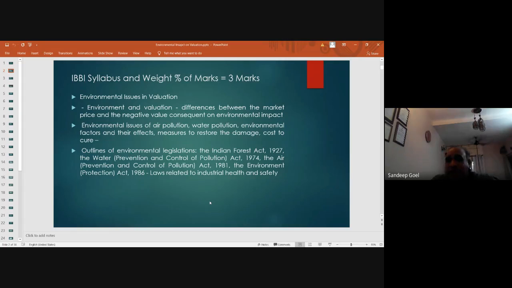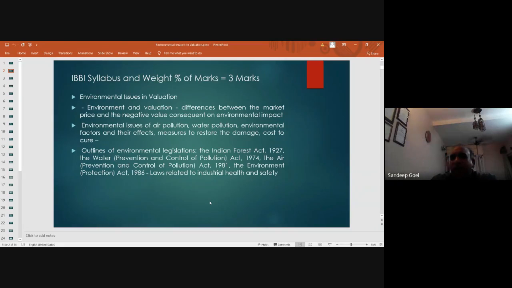One part is that the capital is a negative value. Another part is that the area where this land is situated is a polluted one. Whether or not the land itself is polluted, the stigma value is also taken into consideration when you are arriving at the cost of the property which is environmentally impacted.